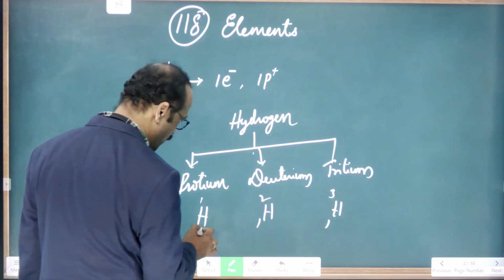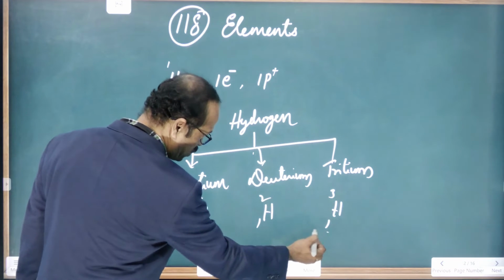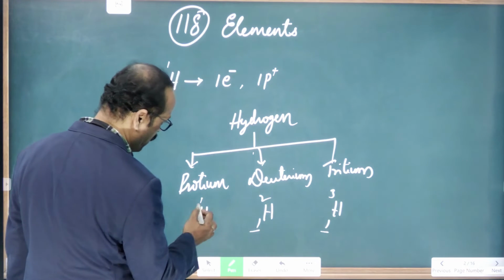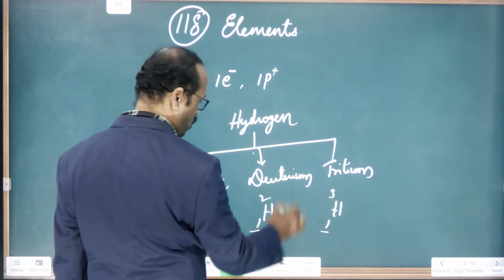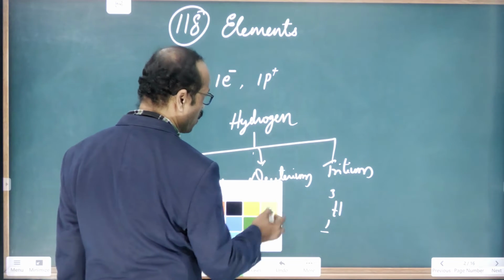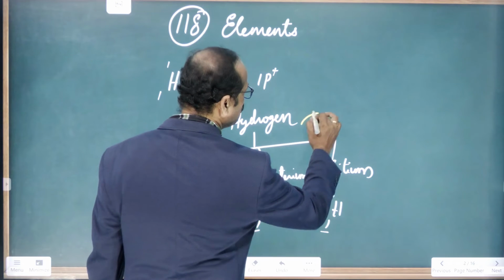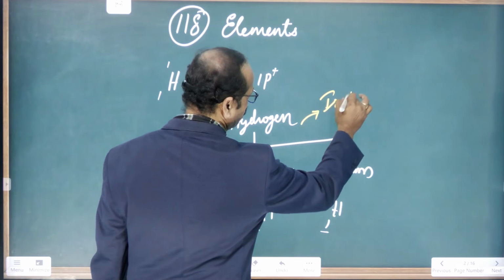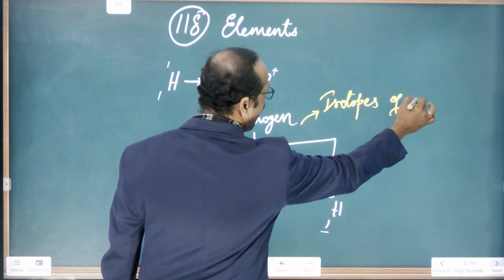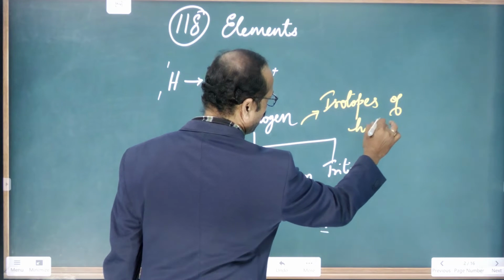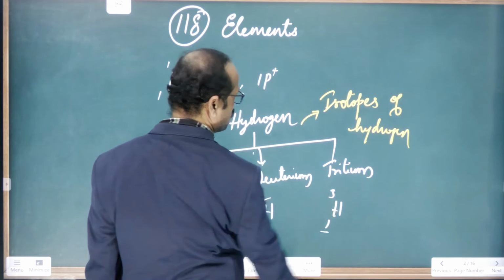These 3 have the same atomic number, that is 1, 1, 1, but the mass numbers are different: 1, 2, 3. These are called isotopes of hydrogen.